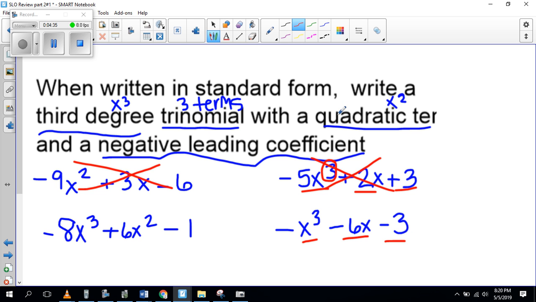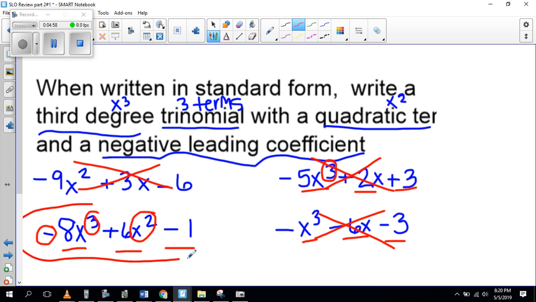Yes. Do we have a quadratic term? Well, I need x to the second. No, I don't have that one. So let's go over here to this one. I have a third degree. I got 3 terms. I got my quadratic term. And I have my negative leading coefficient. So this one checks off everything that I need.